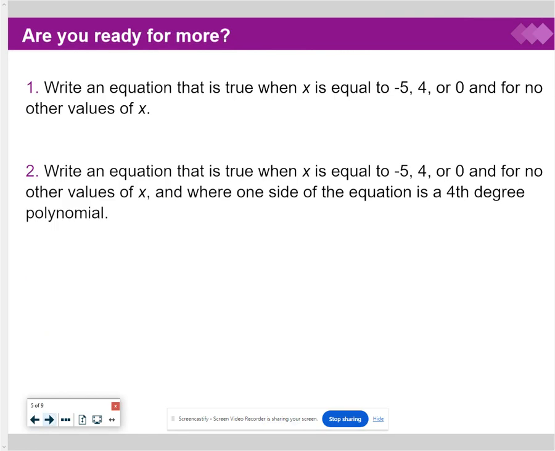So if I want x to be equal to -5, then I would have to have for my factor x plus 5, because if I put -5 in for x, I'll get -5 plus 5 is 0. And then I would have x, if it's a +4, I would want it to be -4, because again, 4 minus 4 gives me 0.